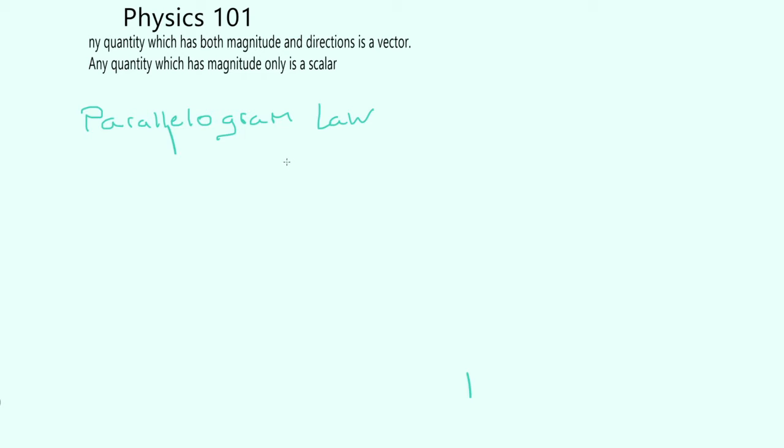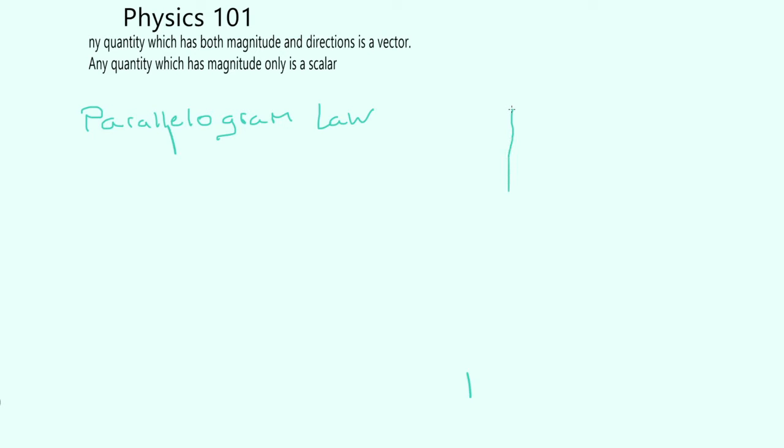So what does that mean? Well, we're going to do that now. You'll see that this is a really handy little tool for finding out angles, resultants and forces. So we'll draw out the diagram now for you.